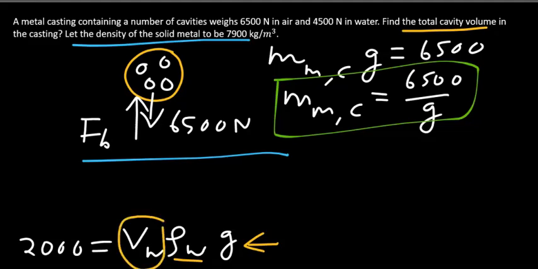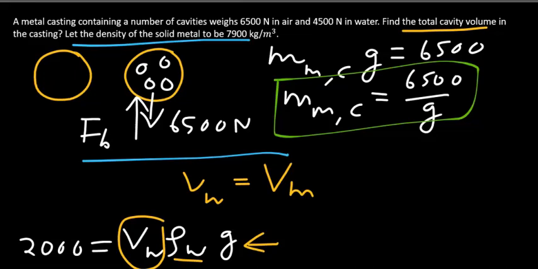The volume of the water displaced is equivalent to the volume of the metal without the cavities. Why? Imagine we have another identical metal but with no holes inside. Both these two objects will displace the same volume of water because the holes are inside the metal.